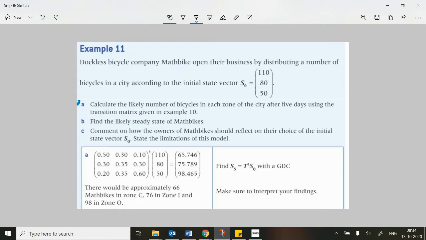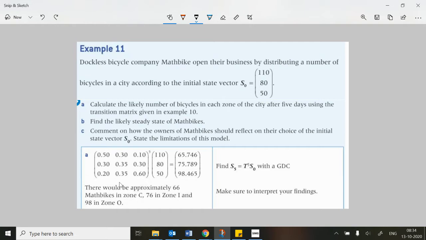This is how we start: 110 bicycles in the central zone, 80 bicycles in the inner zone, and 50 bicycles in the outer zone to start off with. Okay, so the first question says, calculate the likely number of bicycles in each zone of the city after 5 days using the transition matrix given in example 10.